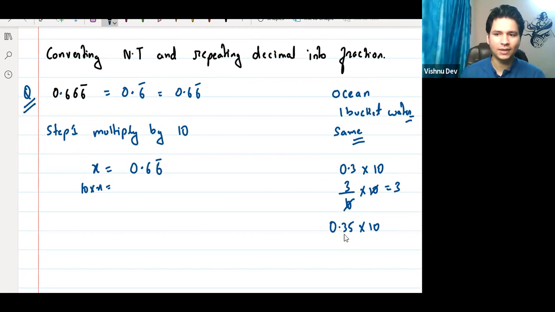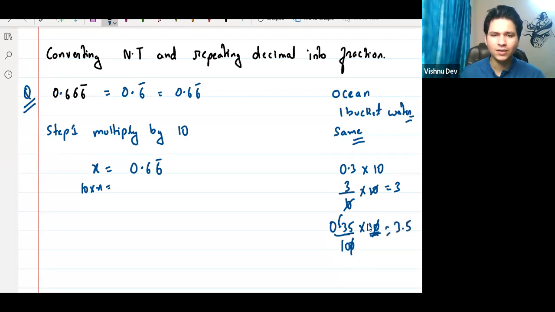The decimal will shift by 1 if you're multiplying. This is a basic rule. It is 35 by 100, multiplied by 10, so one 0 will be cancelled and it will be 3.5.